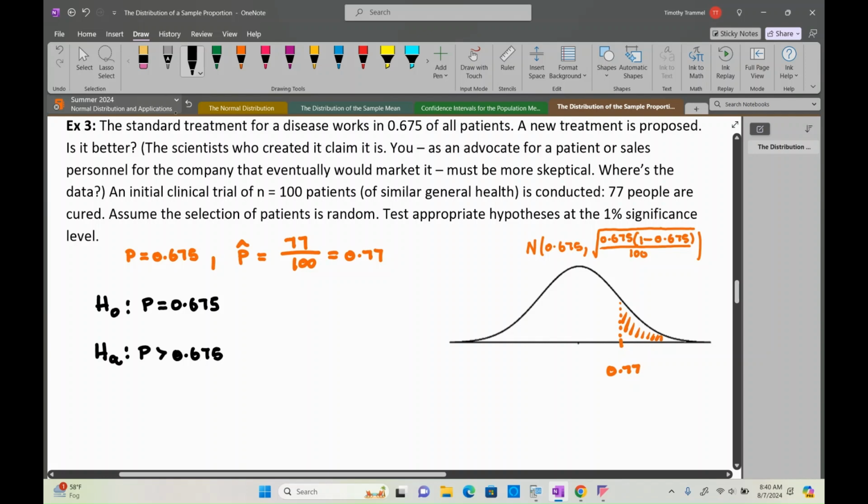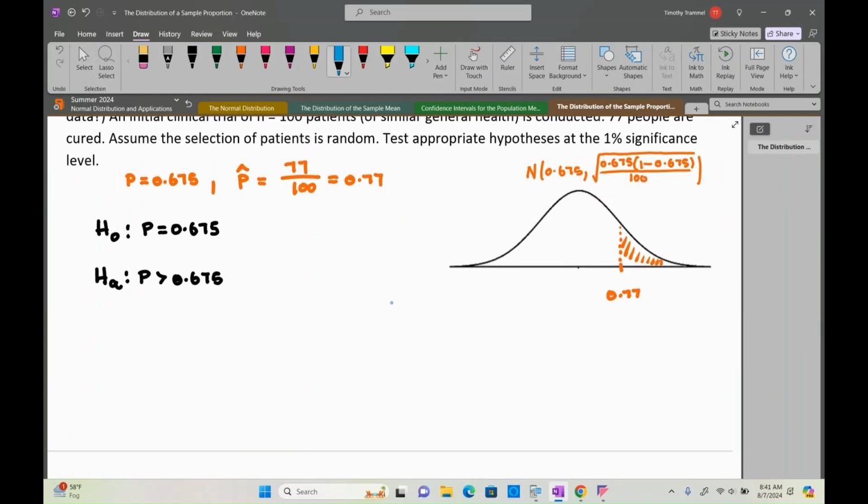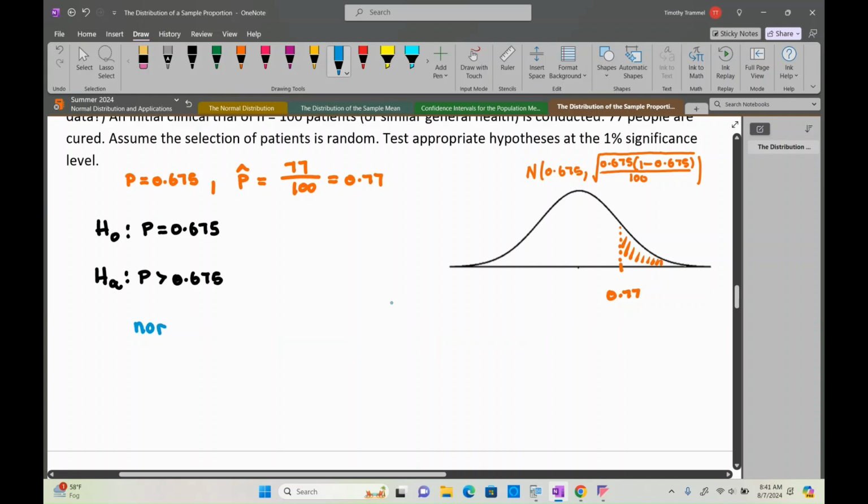There we go. And so now we can go ahead and use our normal CDF and find the p-value. Let's do that. So we're going to have normal CDF here.